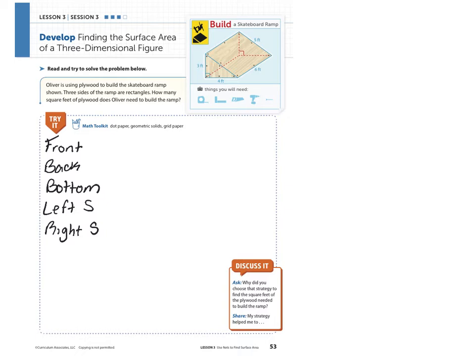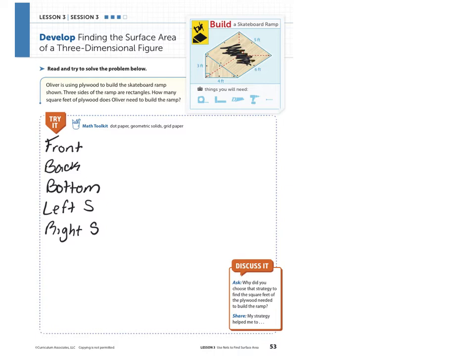So my front side is this right here. Okay, this front side here, sorry, some technical difficulty, is a rectangle. Okay, the front is a rectangle.